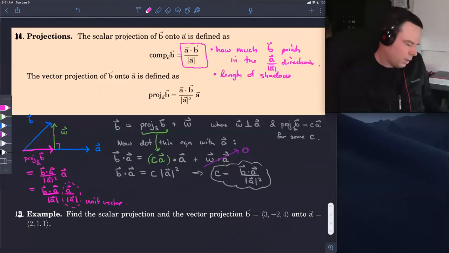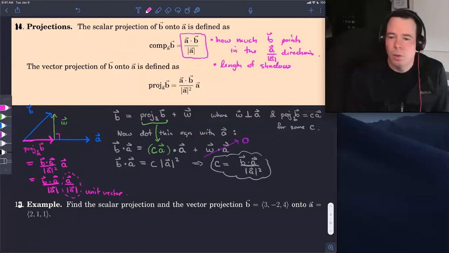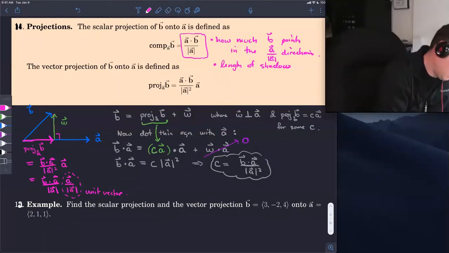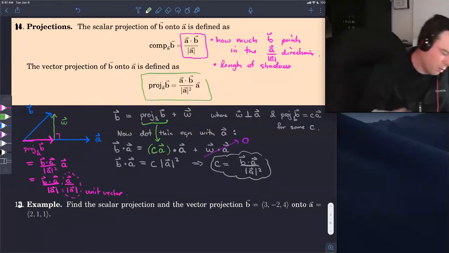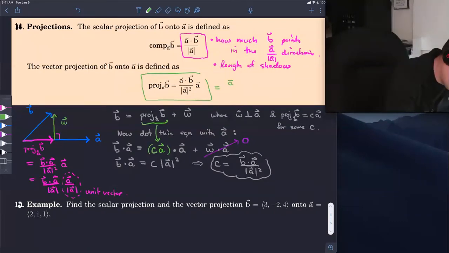All right, so we've got the ability now to compute projections of one vector onto another vector, how much of it, or what the length of its shadow is, or even what the shadow itself is in terms of writing it as a vector. And that's this projection. So the projection of B onto A is given by this vector here. I'm going to write it this way, just so you see it's independent of the length of A. I'm going to borrow one of those lengths, dot it with B, and borrow another one of those lengths and stick it under A, because both of these are now unit vectors.